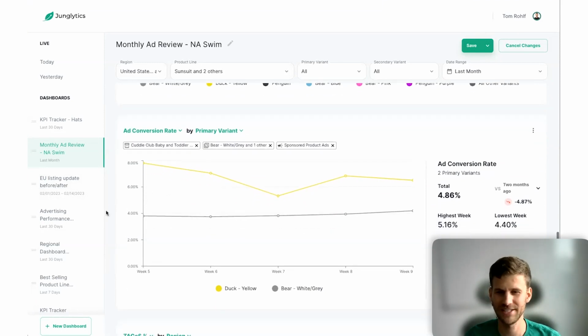This is something I see in a lot of the accounts that do our white glove onboarding service, where if they have a primary variant type that is visual in nature, or at least shows up on a search result page, it's actually uncommon that this is not going on. This is almost always an issue that is fairly easy to discover with Junglelytics and can create a ton of value in terms of increasing the conversion rate on your listing, as well as ultimately increasing your profit.